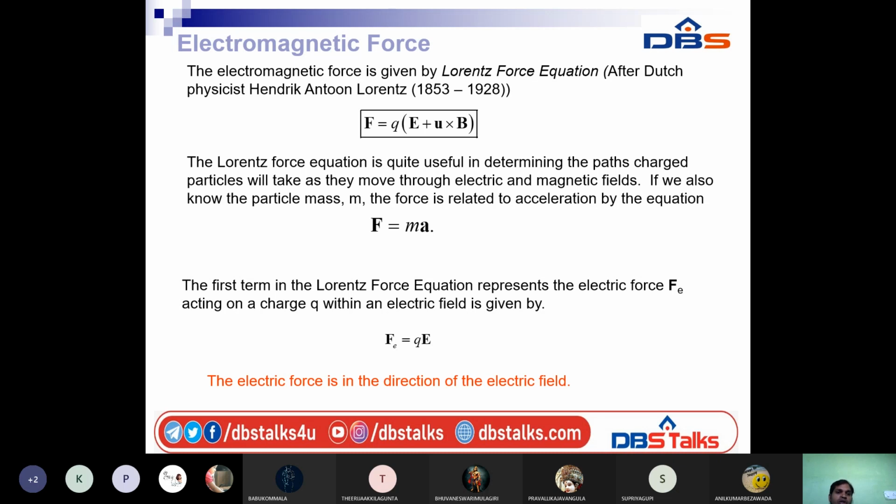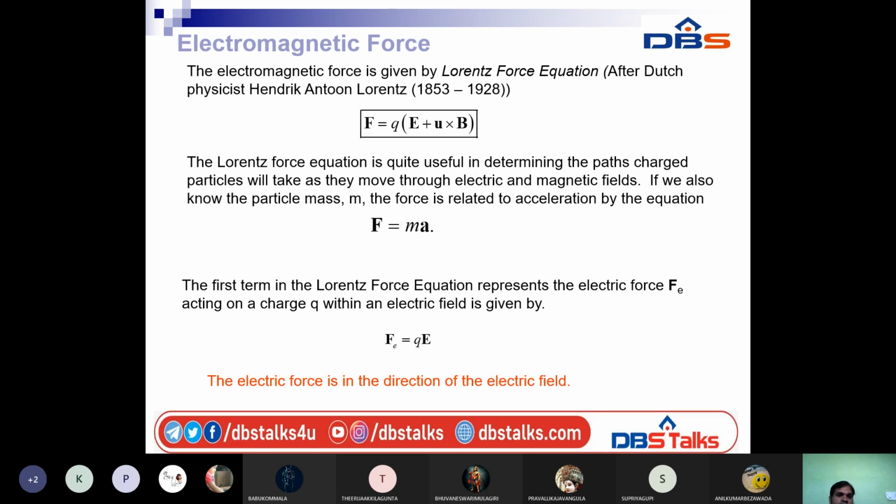The Lorentz force equation is quite useful in determining the path charged particles will take as they move through electric and magnetic fields.